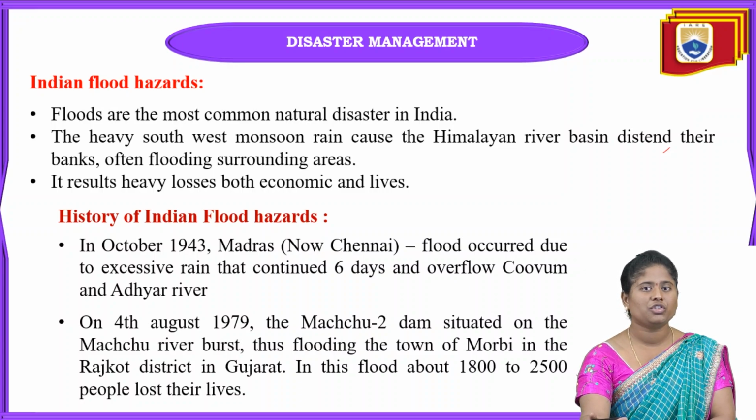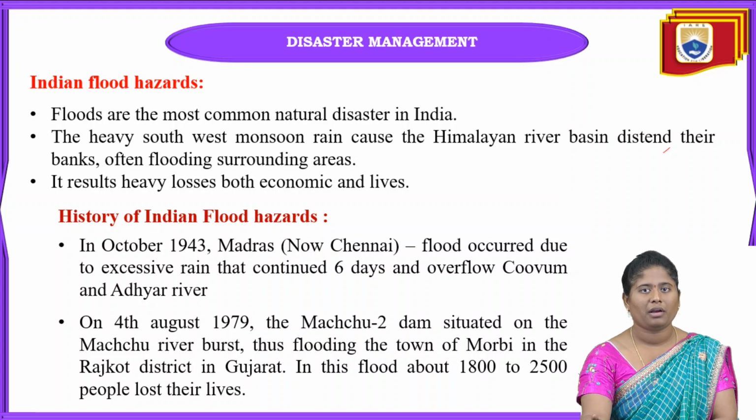Just now I told you, the Uttarakhand region is very much a flood prone area because of the Himalayas, and it is often surrounded by floods. When these floods occur, they also result in heavy losses, maybe of lives or of the economic condition of that region.